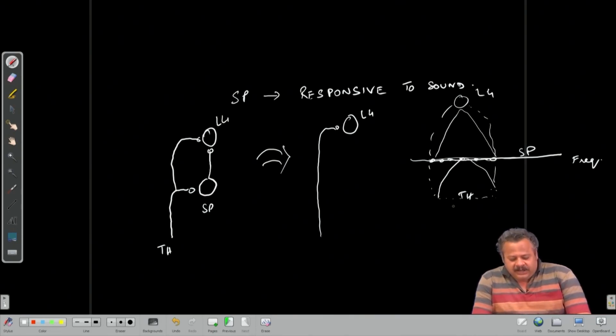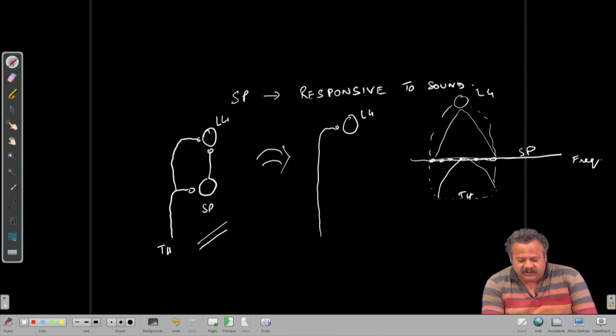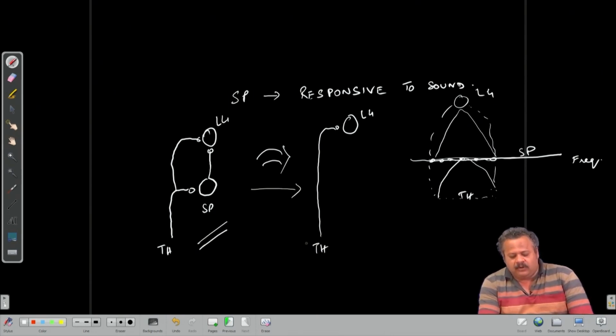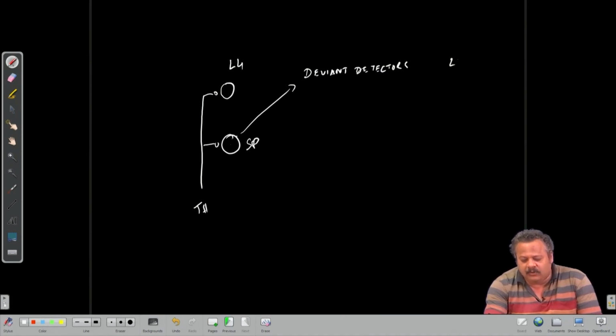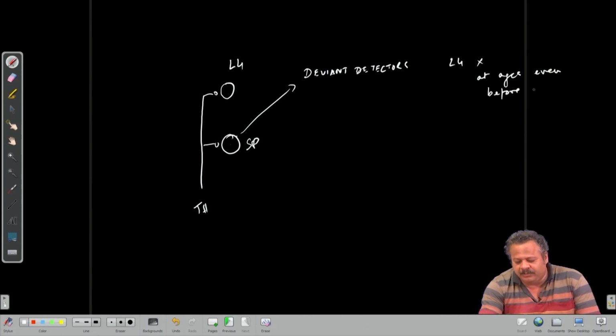So considering this simple circuitry which transforms into simply thalamus to layer 4, in that scenario what is found is that if we record from subplate neurons, these subplate neurons tend to be deviant selective, that is, they are deviant detectors, whereas layer 4 neurons are not, at ages even before what is considered as critical period.